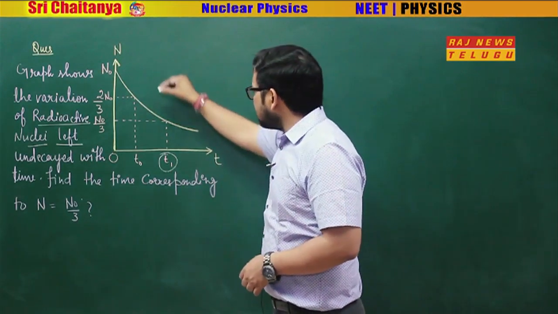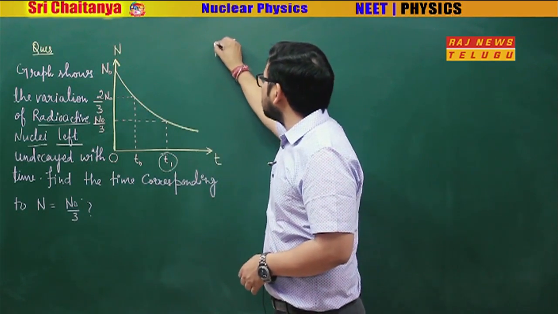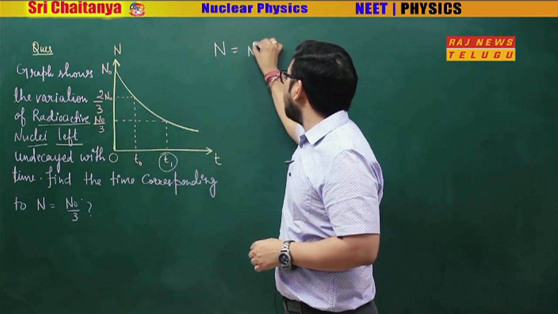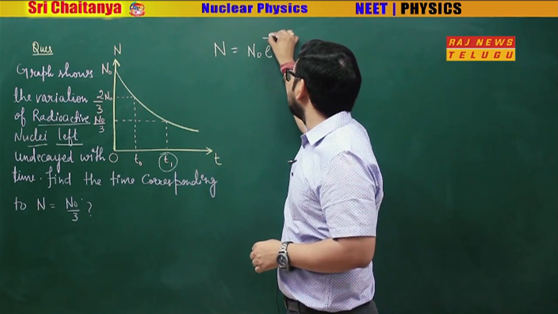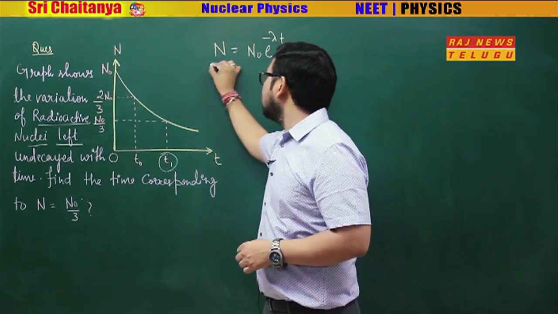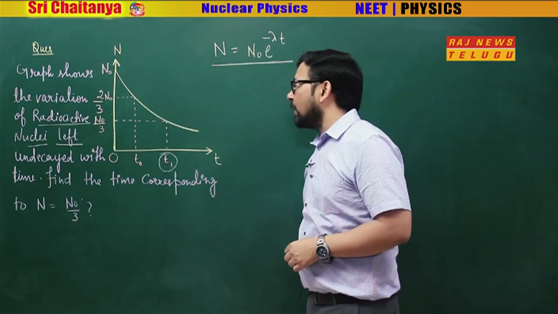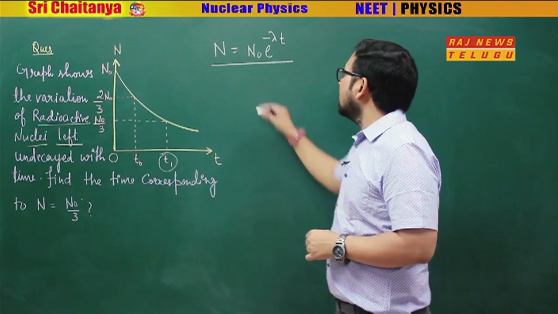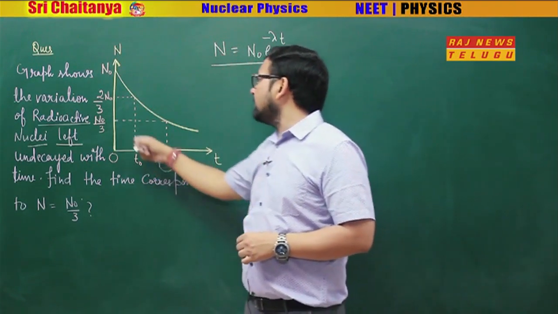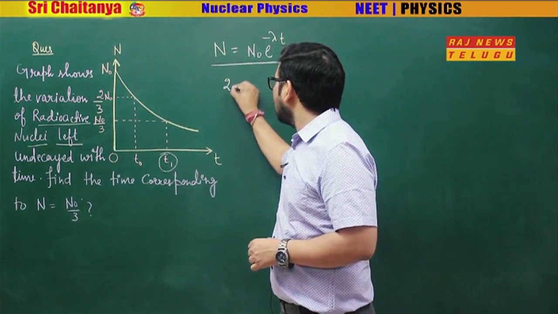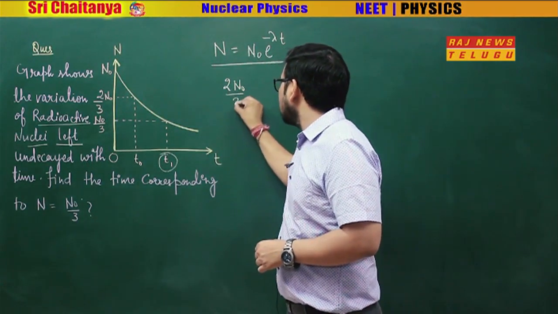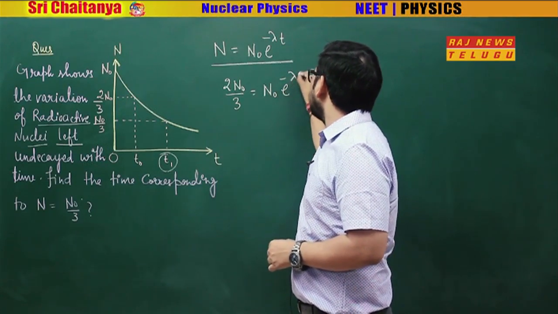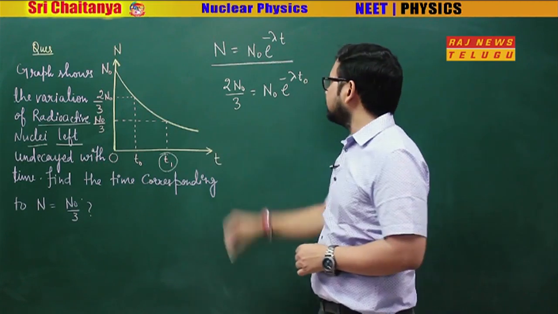See, this is an exponentially decreasing graph, and for radioactive nuclei left, N is equal to N naught e raised to power minus lambda t. This is the standard exponential equation for the number of radioactive nuclei left. Now if N I am taking as 2N naught by 3, and this is N naught, then obviously time I will take as t naught.